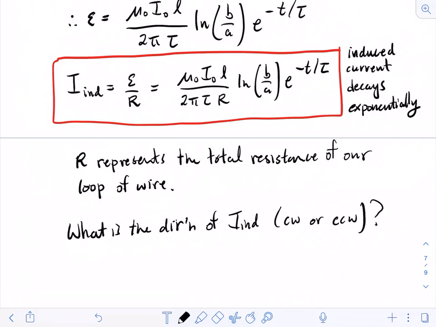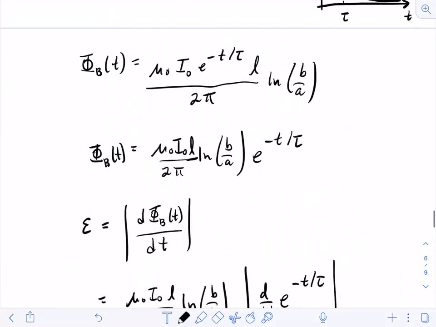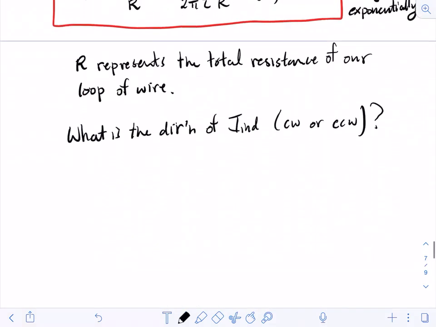What's going to be important for determining this direction is determining whether the flux is increasing or decreasing. We see here that our flux decreases through our loop with time. It starts large and it eventually will go to something that's very small.